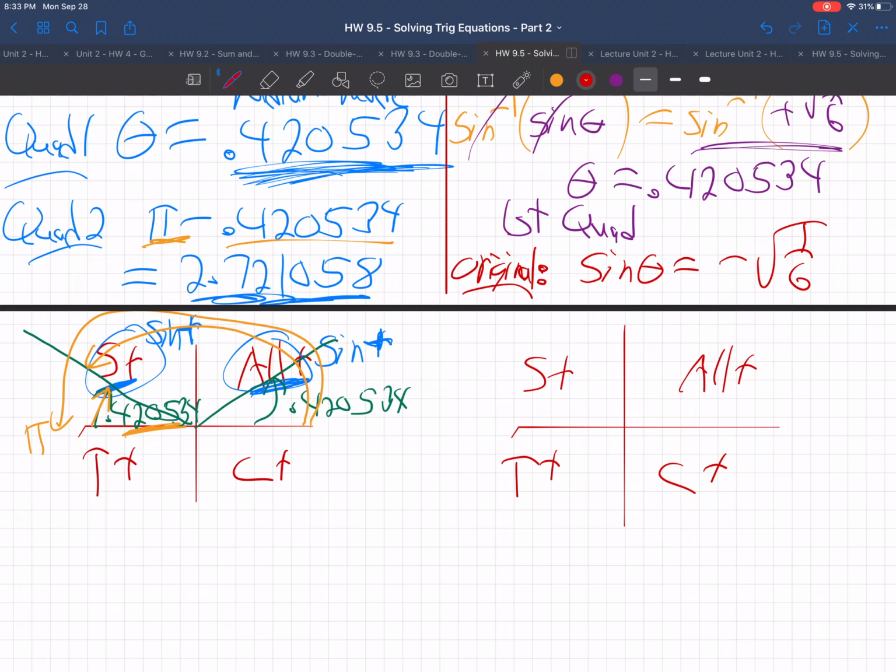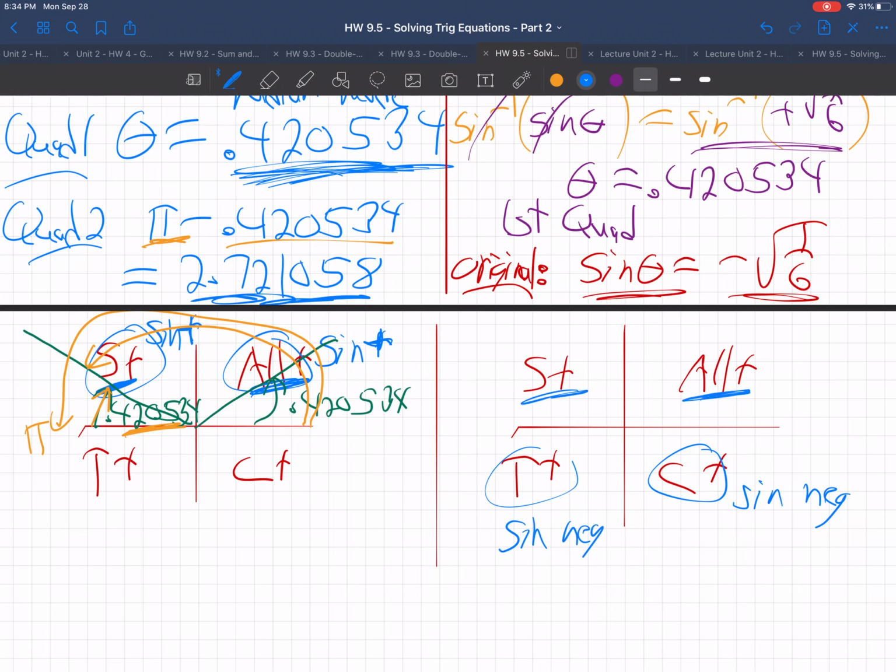But now, to finish up this problem, I need to go back to the original question, which was negative. Where is sine negative? Sine is negative here and here. Everything's positive here and sine's positive there, so it's not the first and second quadrant. It's the third and fourth. So I got to get a third and fourth quadrant answer.